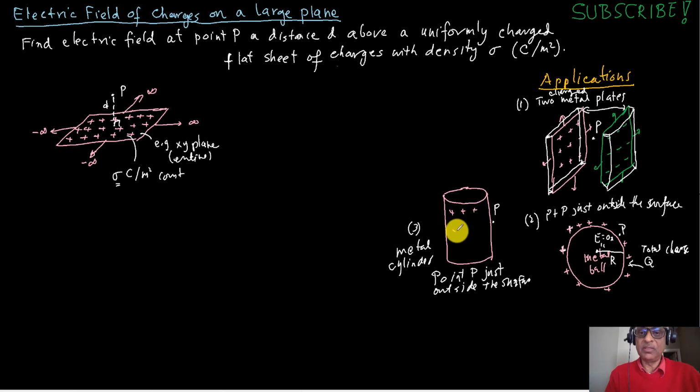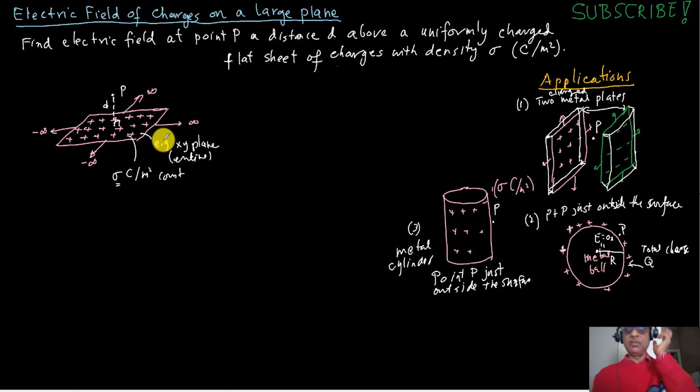Say all the charges are on the surface, only on the surface, sigma Coulomb over meter square, and you may have a physical cylinder, finite size, but point P is very close to the surface. So what's the electric field? For this also you can apply the result that you got over there. Okay. So this is a very important result.